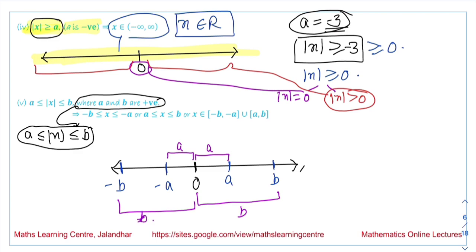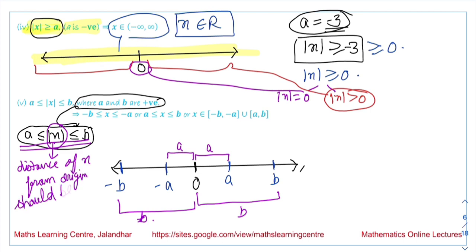So we are interested in all those points. How we can write this is, the distance of the point x from the origin should be greater than a and less than b.